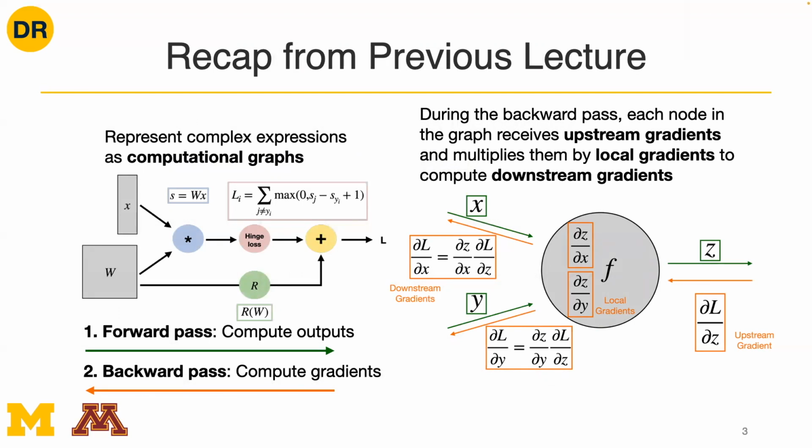The two pieces of backpropagation were first setting up some complex algebraic expression, which is our neural network, as a computational graph. The second component was the algorithmic steps that take in that computational graph and compute the downstream gradients, which we'll ultimately use for our parameter updates, by the matrix-vector product of our upstream gradients and our local gradients.